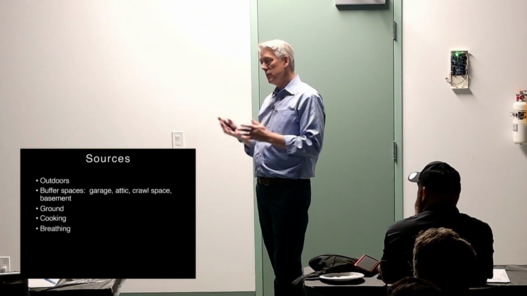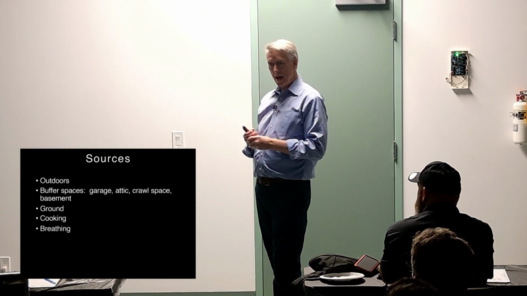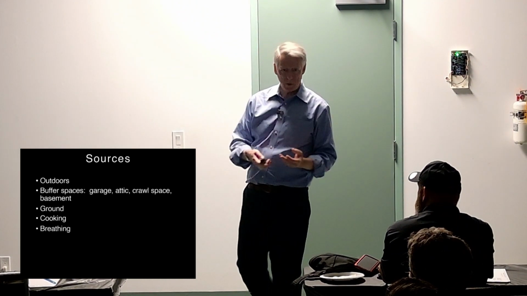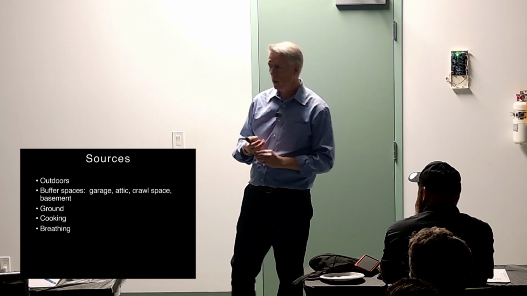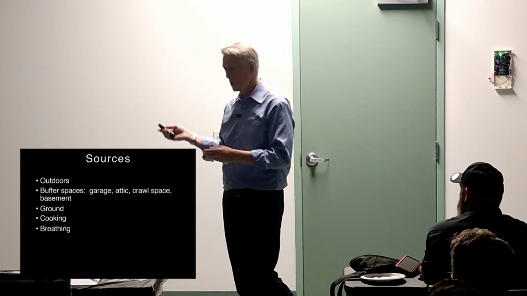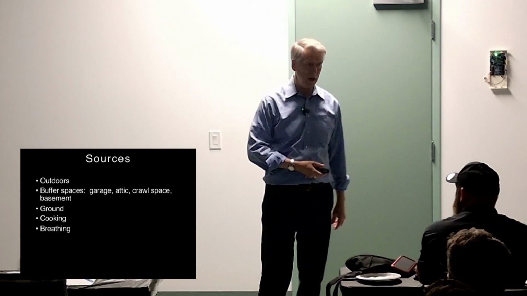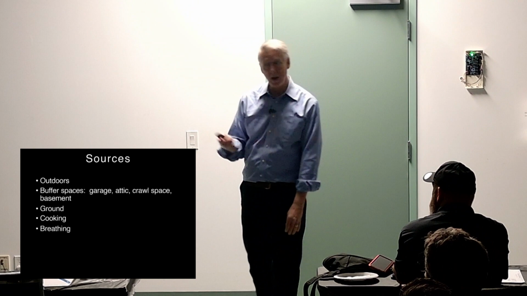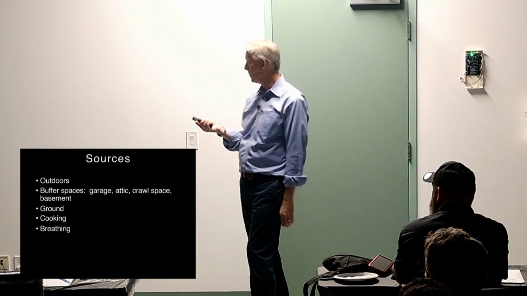So when you have a bad outdoor air quality day, you might want to think about whether to open the windows or not. If it's a really bad air quality day, you don't want to open the windows. Now, if there's wildfires nearby, obviously you're not going to open the windows, right? You may not run the ventilation system either.